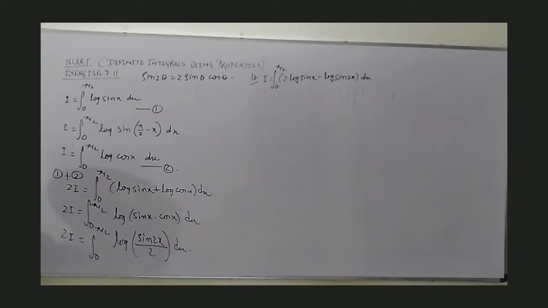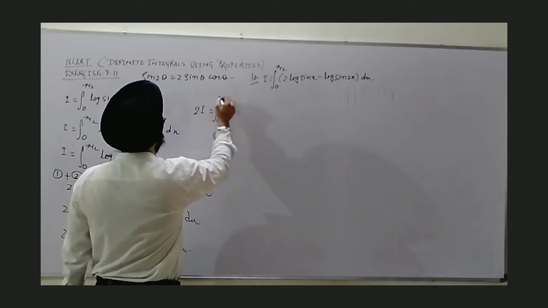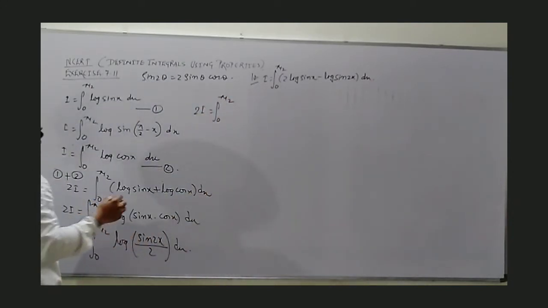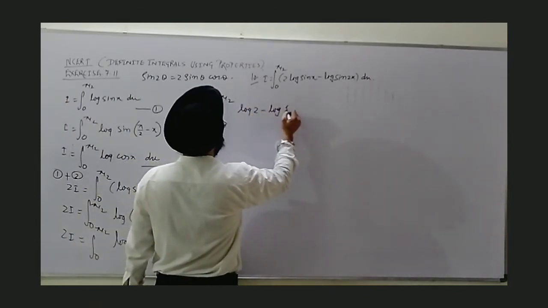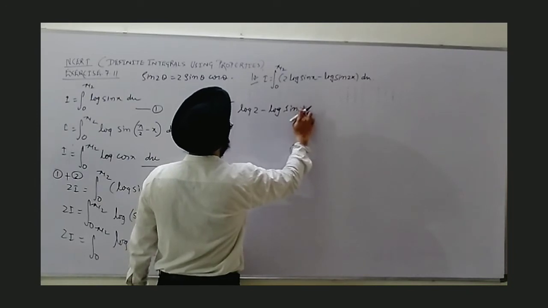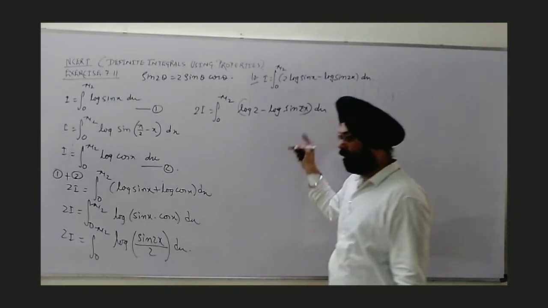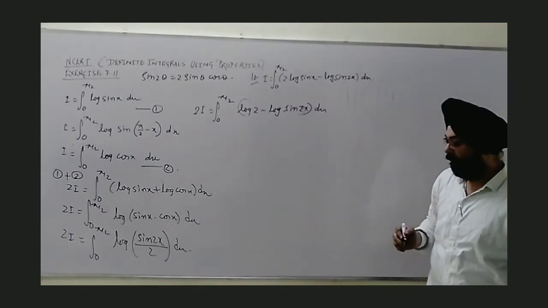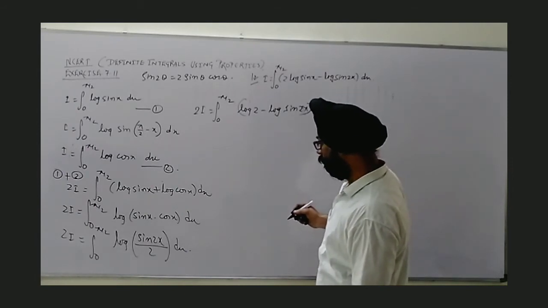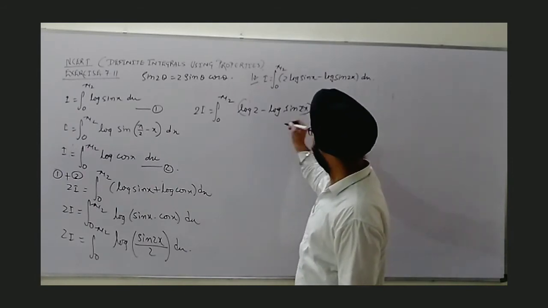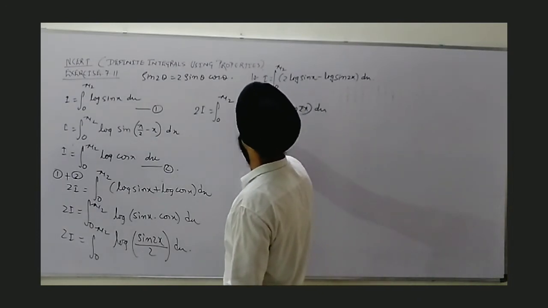Now further we can expand by the properties of log, and we get 2I equal to integral 0 to pi by 2 of log sin 2x minus log 2. Recently you could see we were having the same result. By the way, here we have the value of log sin x, sin 2x first, so this will be plus and minus.